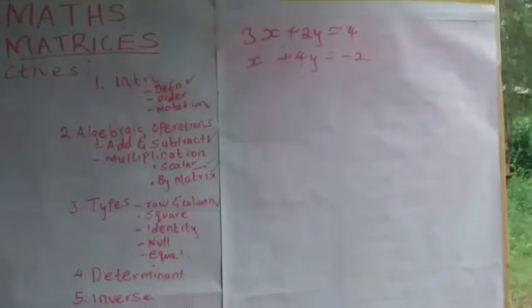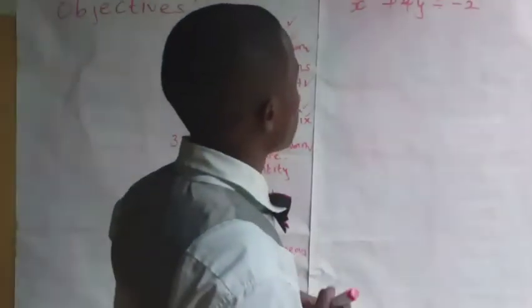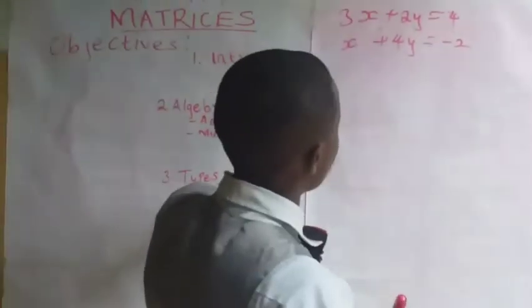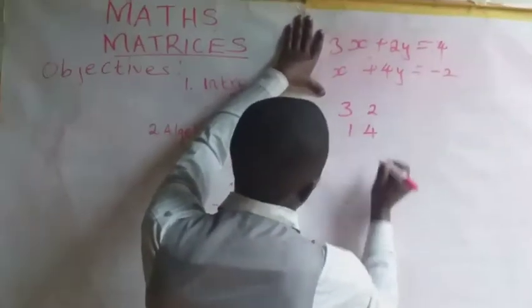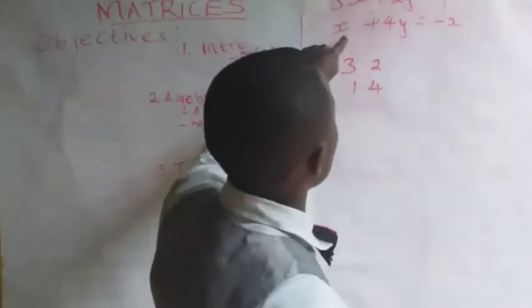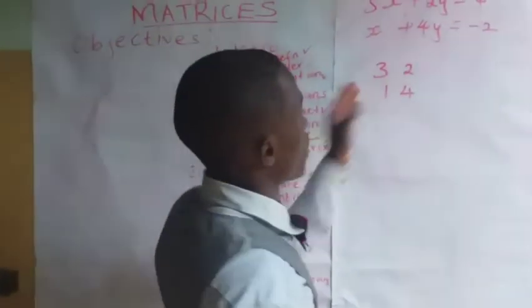How can we solve these equations? First of all, we need to put it in the form of a matrix, which will be 3, 2, 1, 4. This is the coefficient matrix. The coefficients of x are 3 and 1, then 2 and 4 for y.